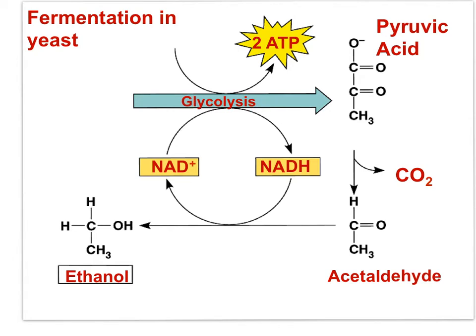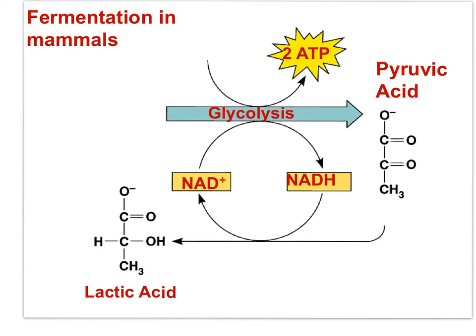The organic intermediate is oxidized as NAD plus is reduced to NADH. This is an oxidation reduction step, and this is an oxidation reduction step, all in an effort to maintain a small amount of ATP even when oxygen is not present.